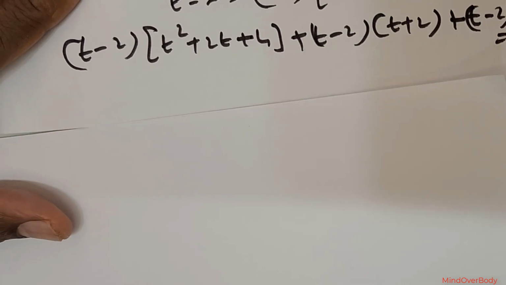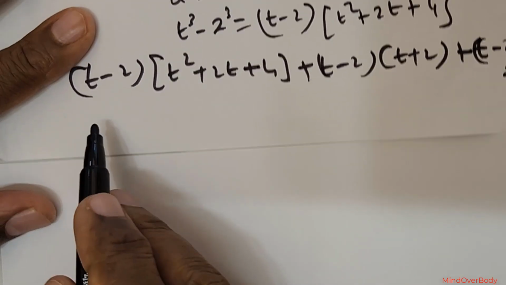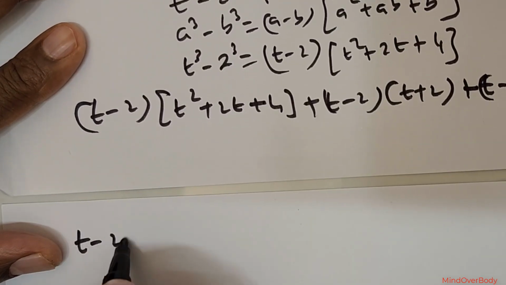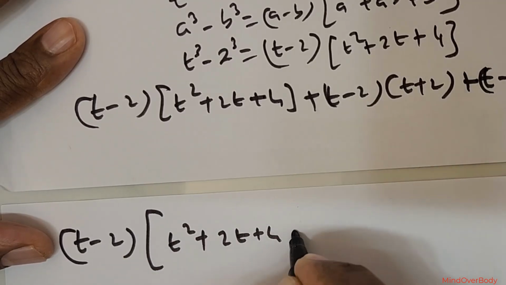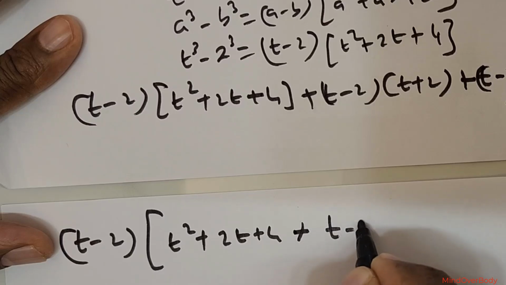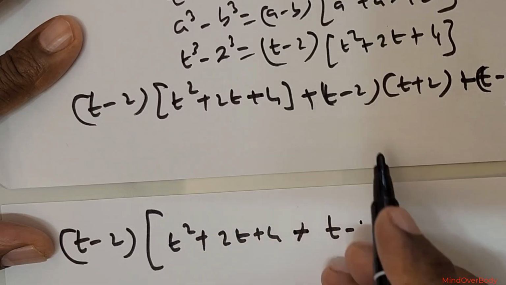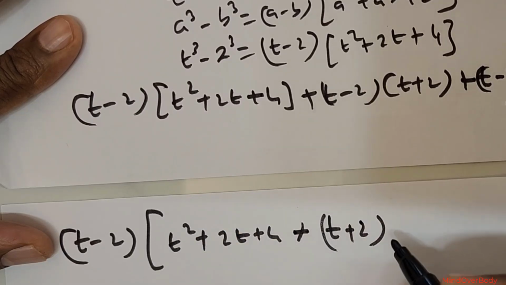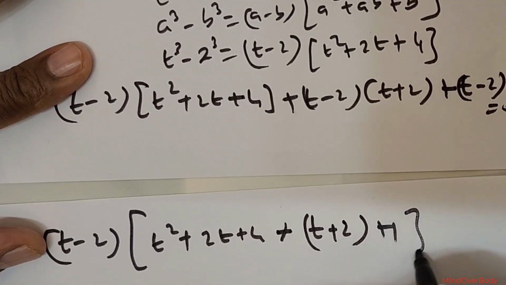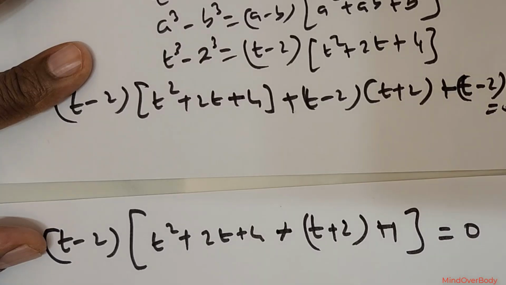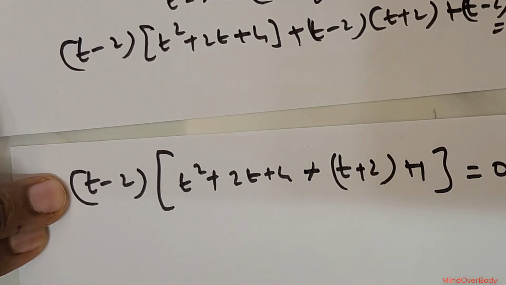Now what I would do is I will go to the next page. From here I am going to take (t - 2) out. So I take (t - 2) out, I get (t^2 + 2t + 4) + (t + 2) + 1 = 0. So this is what we have got.